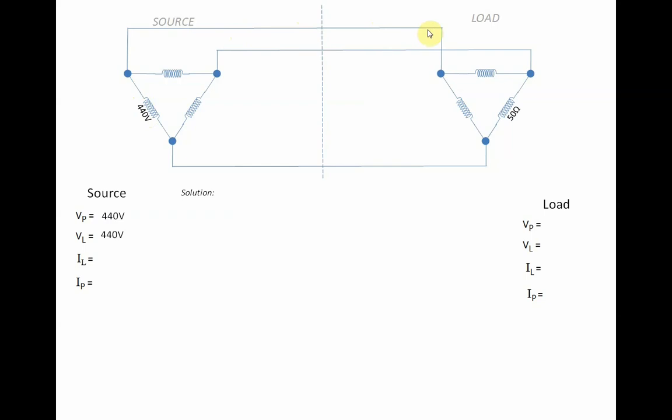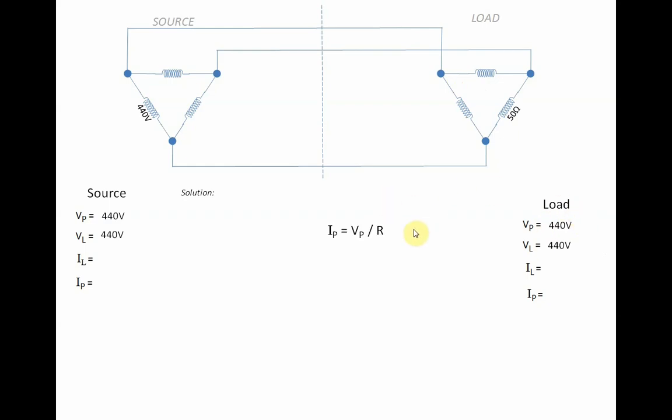Exactly, if we have 440 volts here, that would also be the same here. We have line voltage equal to 440 volts. And likewise, since this is in delta, the line voltage is equal to the phase voltage. So we say 440 volts.